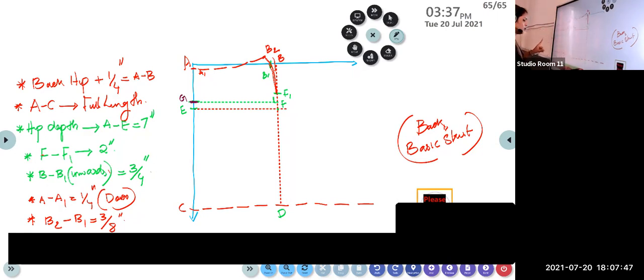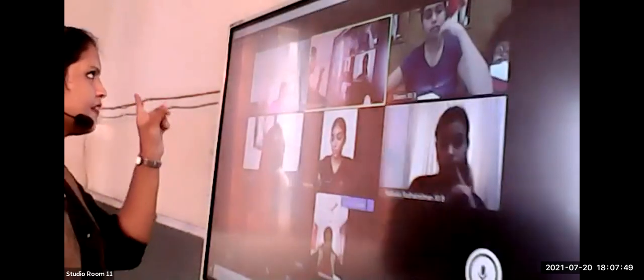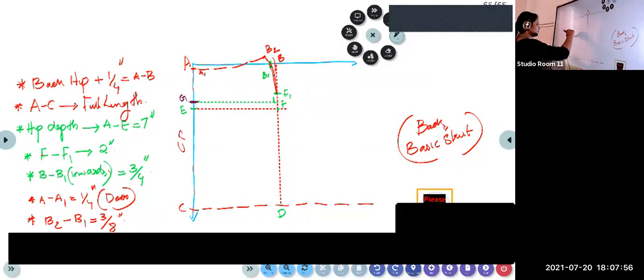And we know the first dart will be marked on the princess line. This is our center back. This line AC is our center back line.